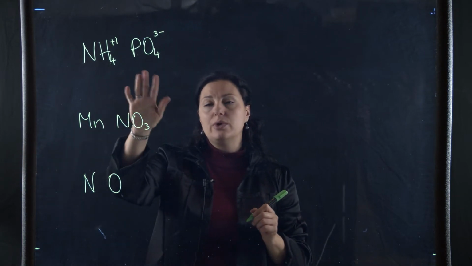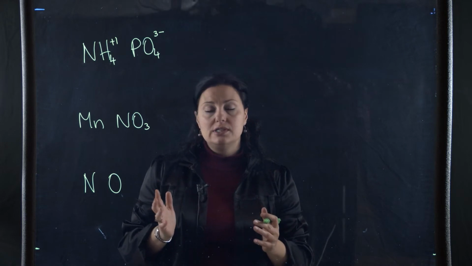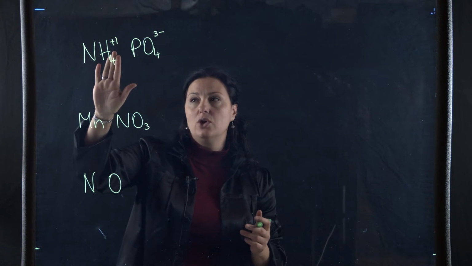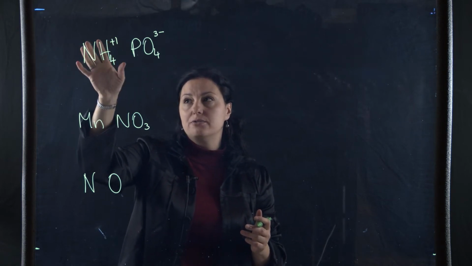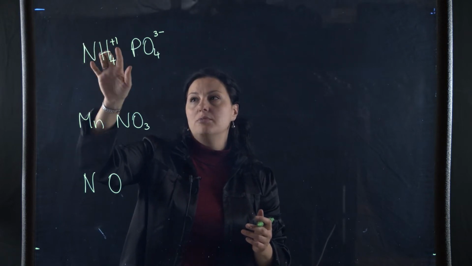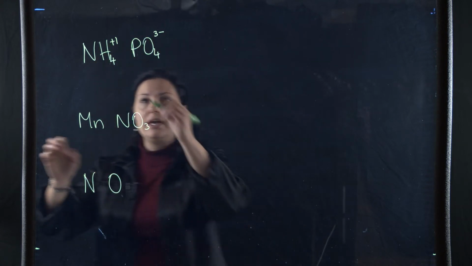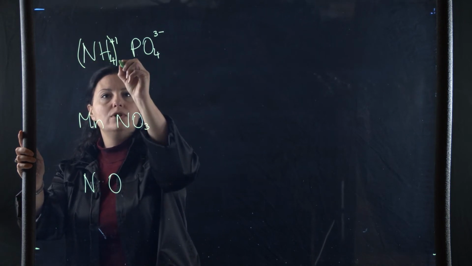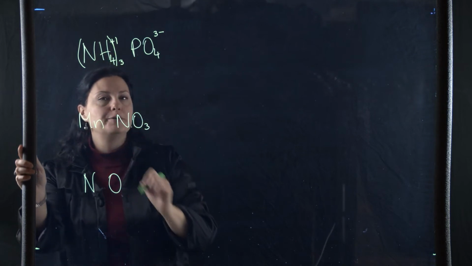And therefore, when we go to write a neutral formula for this compound, we need, and don't get confused by that 4 of the hydrogen, 3 units of NH4, because each one of them has a +1 charge to balance that 3-. And therefore, I can put this in parentheses and put a little subscript 3, which denotes that I have 3 of whatever's inside here.